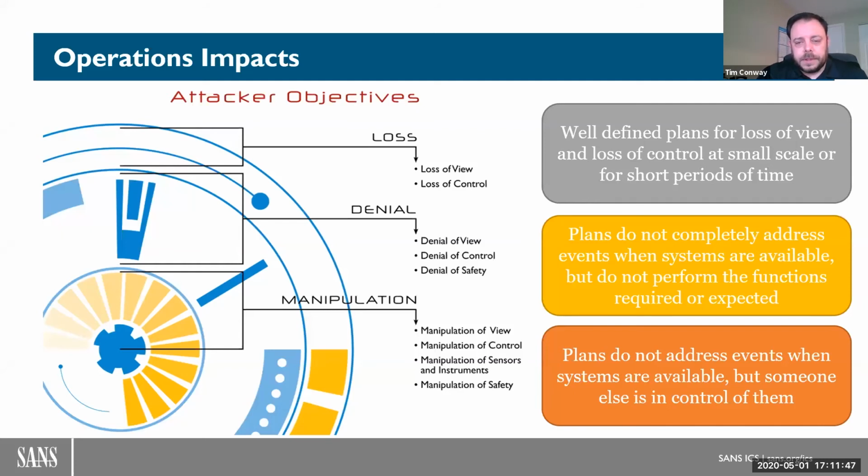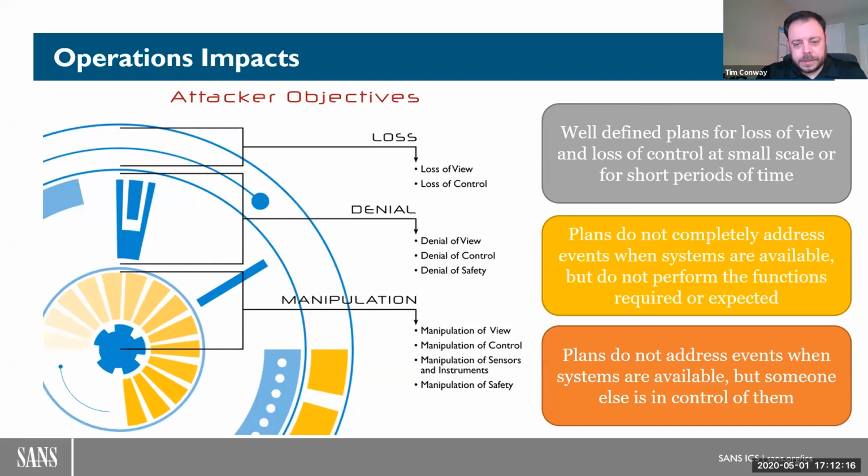When you start to see the denial component, that's when the plans generally don't completely address the events, when the systems are available, but they don't perform the functions that the operator expects of them. That's generally where things start to get harder for an operator to do the job they've been trained to do for years or decades.